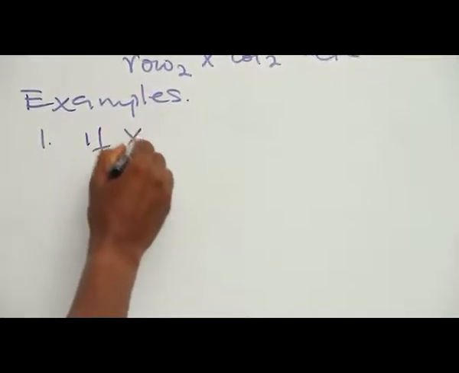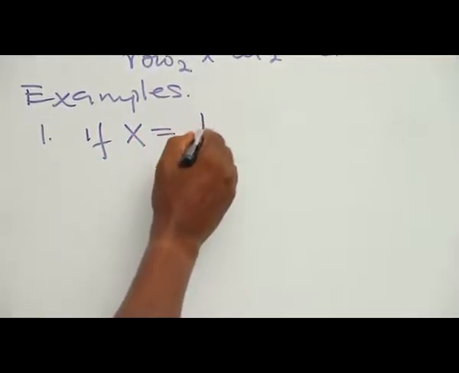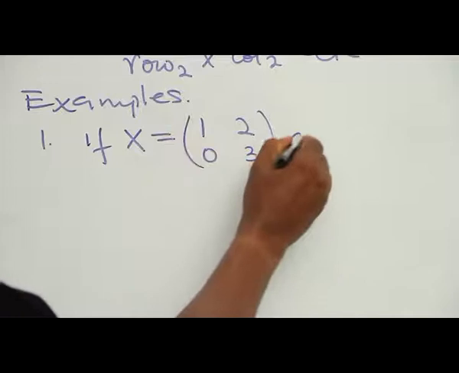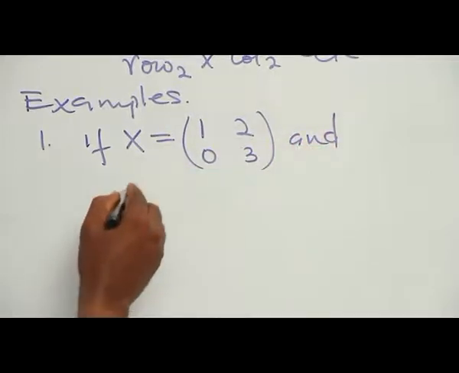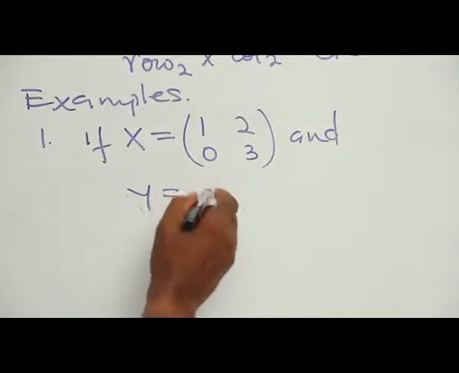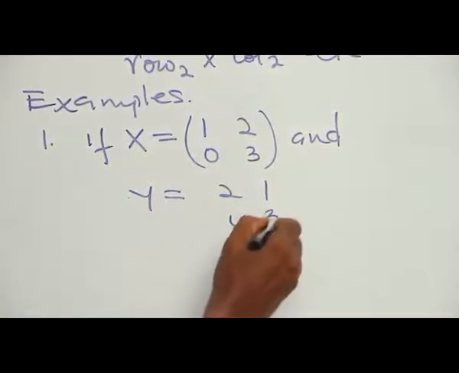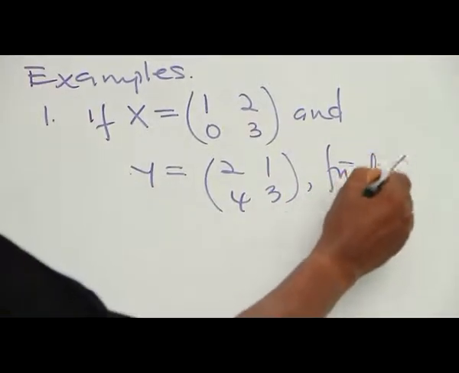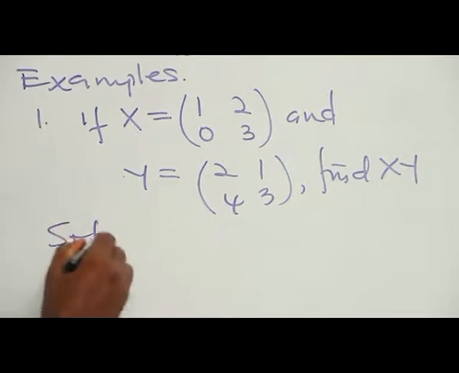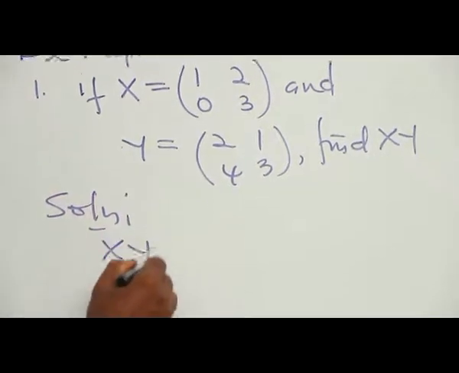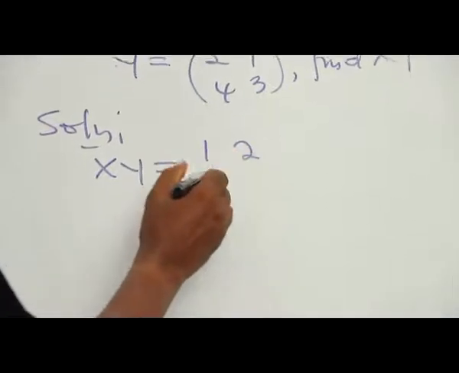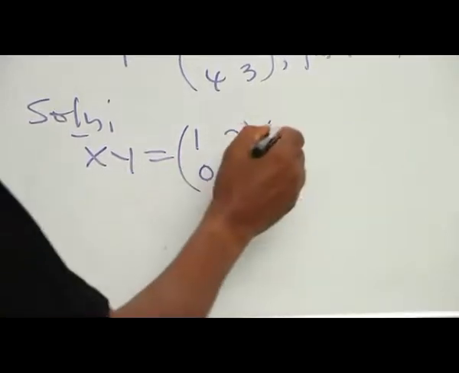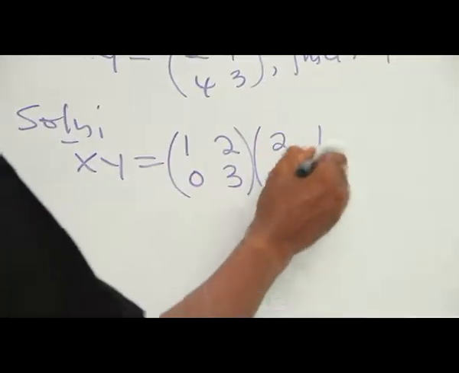If a matrix S is equal to 1, 2, 0, 3, and another matrix Y is equal to 2, 1, 4, 3, you are required to find the matrix SY. Your solution, simply put, SY will be equal to, write the matrix S, 1, 2, 0, 3, and then also take the matrix Y, 2, 1, 4, 3.